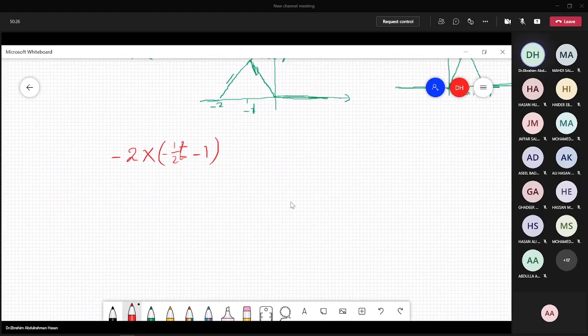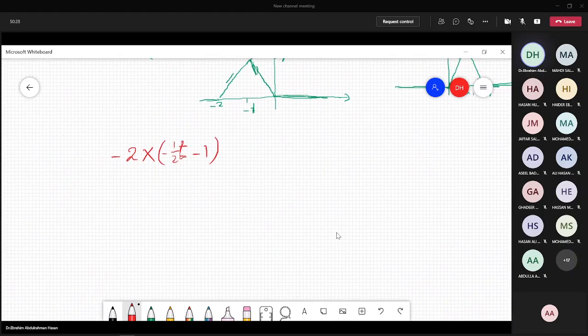This is a mix. How to do it? Well, there are two ways.